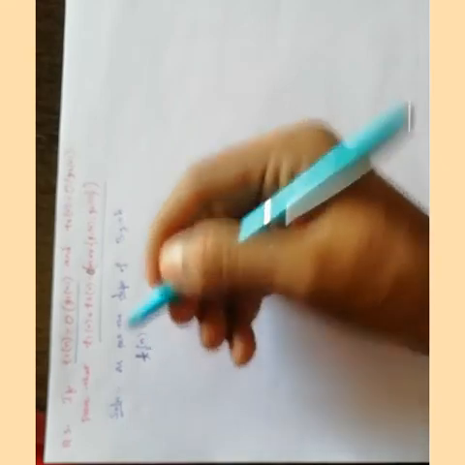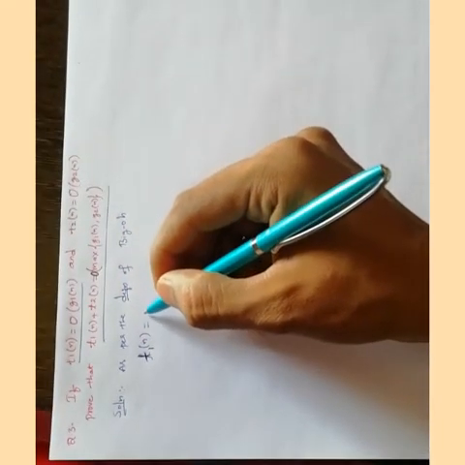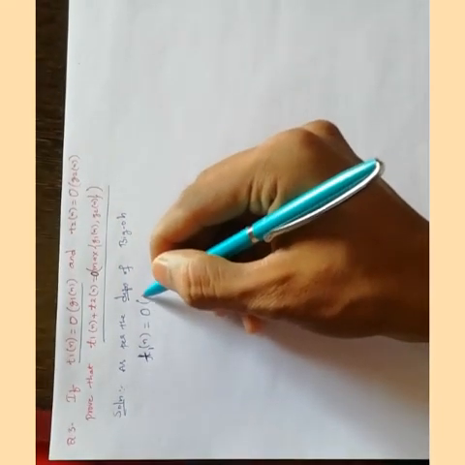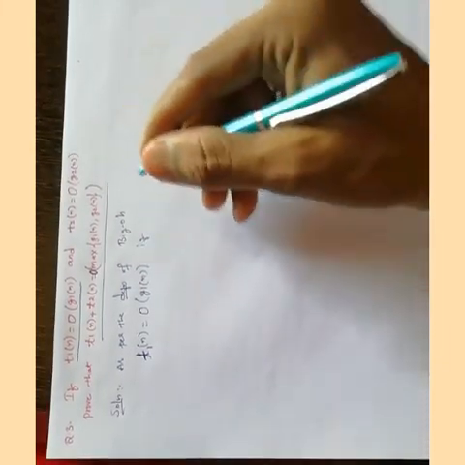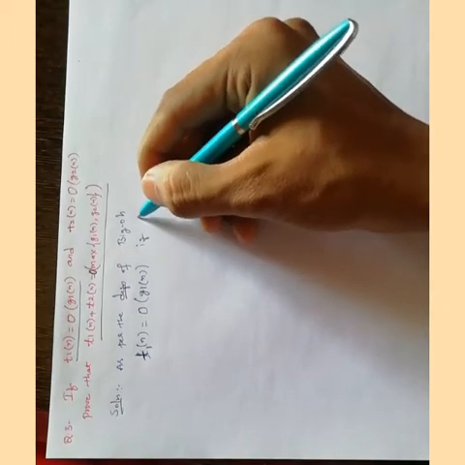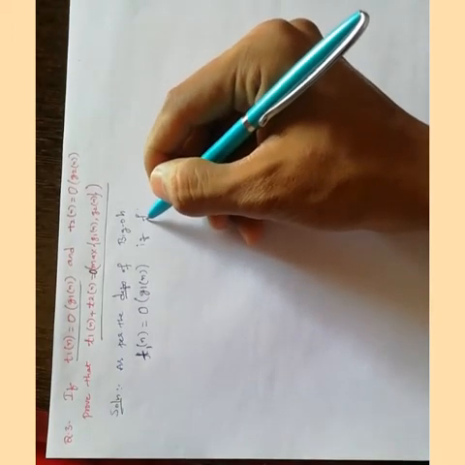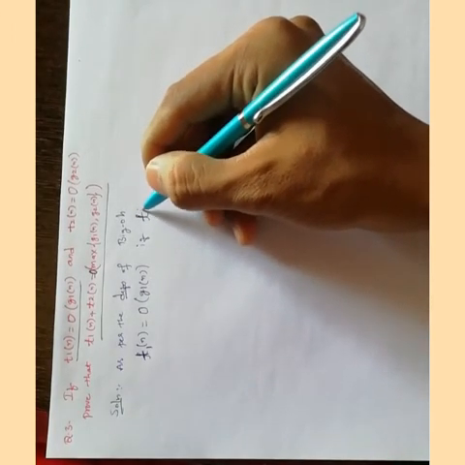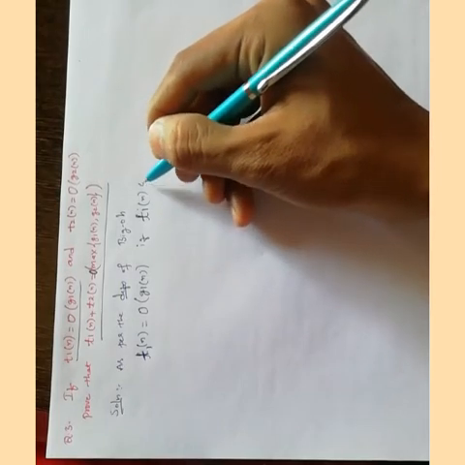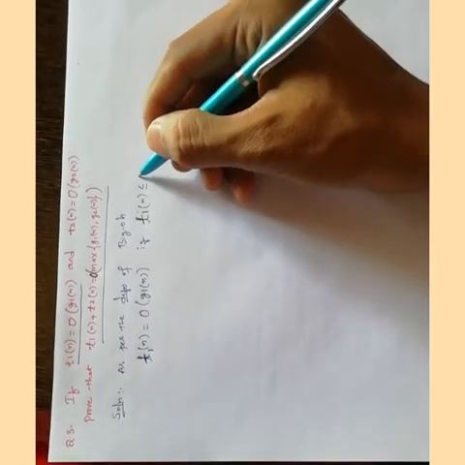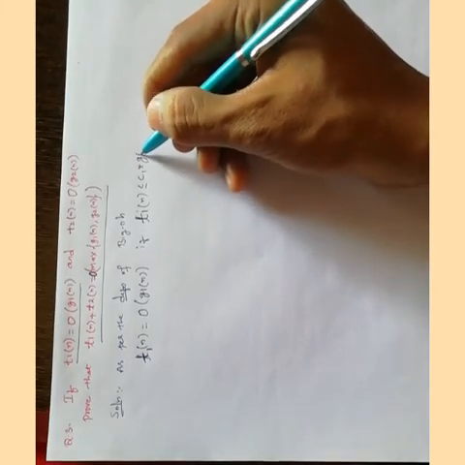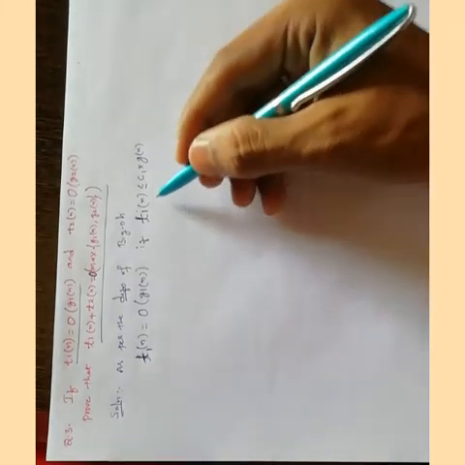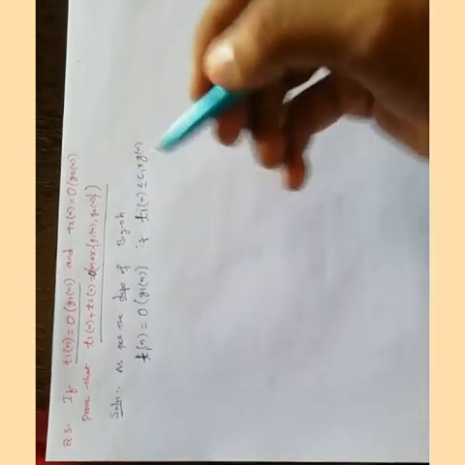For t1, t1 of n is equal to big O of g1 of n if the condition is true. What is the condition? t1 of n is less than or equal to c1 into g1 of n. If this condition is true, then this will become true.